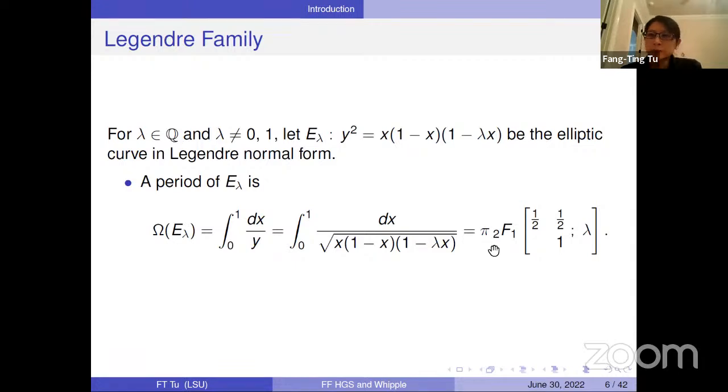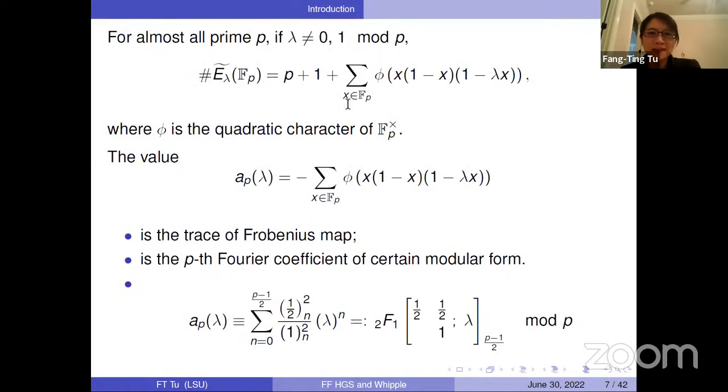Okay, so if we consider the trace of Frobenius of the elliptic curves, then they are given by the character sum here. To save space, I use phi to denote the quadratic character, which is the Legendre symbol in this case. So anyway, if we do point counting over F_p, we get p plus 1 plus some error term here.